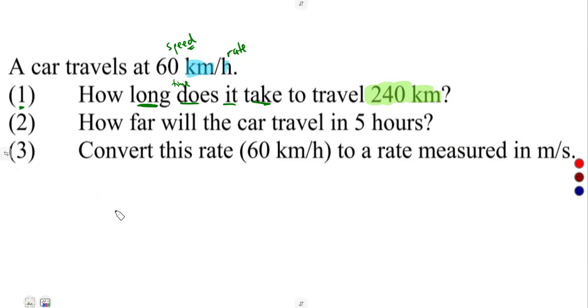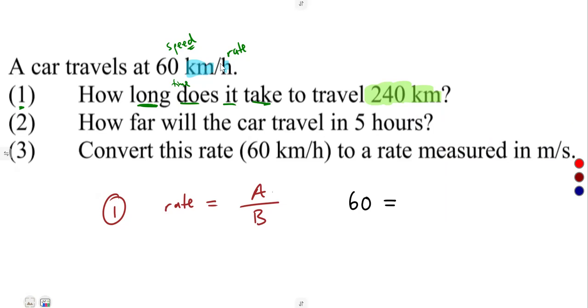The first one, if we attempt this question in the rate manner, I said a rate simply indicates that it is a certain quantity to another quantity, quantity A to quantity B. So the rate that we are given here, 60 kilometers per hour, is equal to quantity A over quantity B. What is our quantity A?